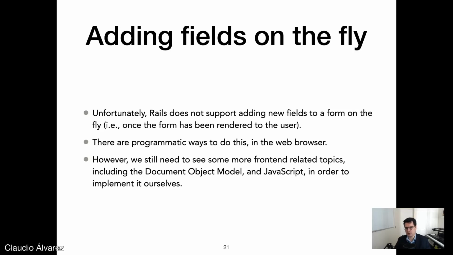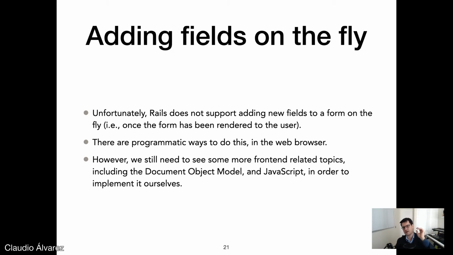One usual feature that you see in web forms is the possibility to add additional fields yourself. For instance, you can register in a website with an address, and you may have the possibility to add another address. For instance, if you use Google Contacts, when you add a new contact, the contact will have many phone numbers, and you can add another phone number if you want by clicking on a plus sign, and that will yield another field set for you to type whatever information you want.